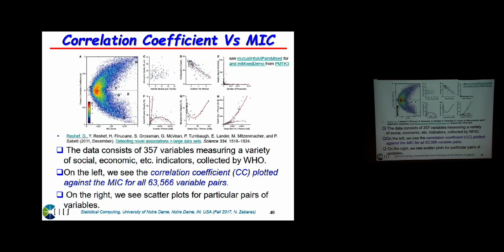An example is given by this realistic data set, and the plot shows the correlation coefficient versus this maximal information criterion, and you notice here the correlation coefficient is small, but the MIC score is very high. And when you look at how the data sets actually behave, you get very strong nonlinear relations that all of the existing measures of independence fail to capture.